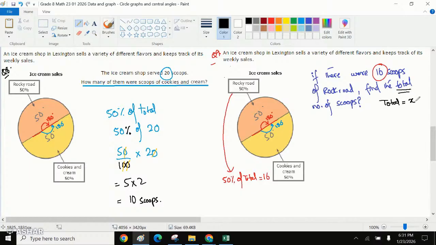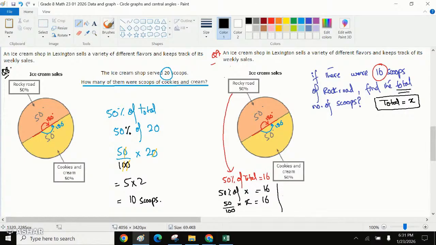Let's suppose we say the total is X, a variable, right? Can we say 50% of X would be 16, right? And 50% can be written as 50 upon 100 multiplied by X is equal to 16.